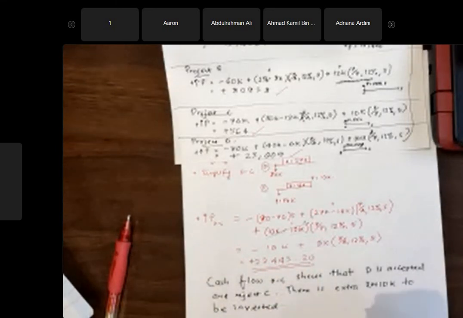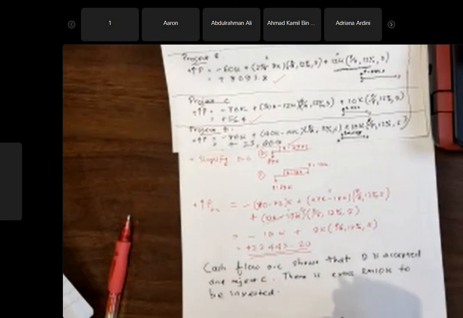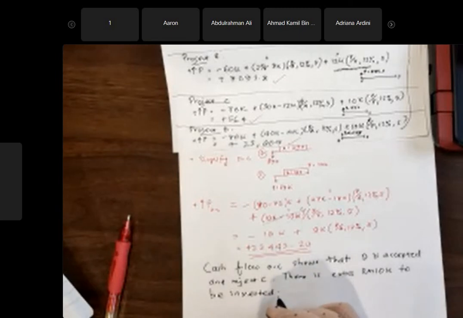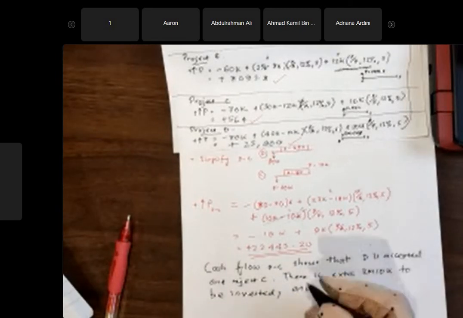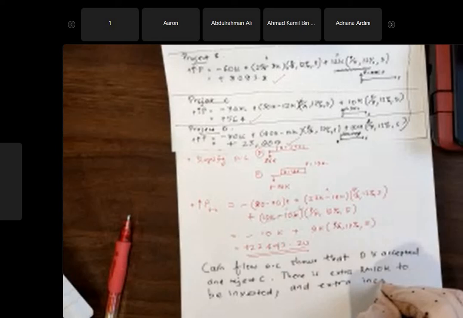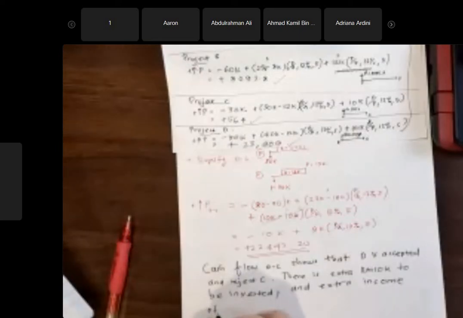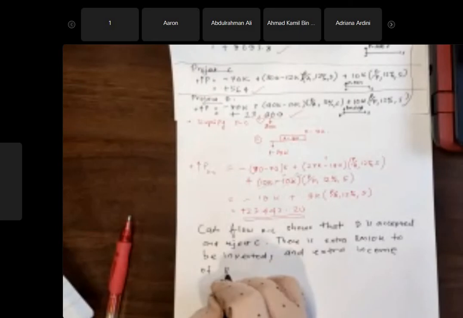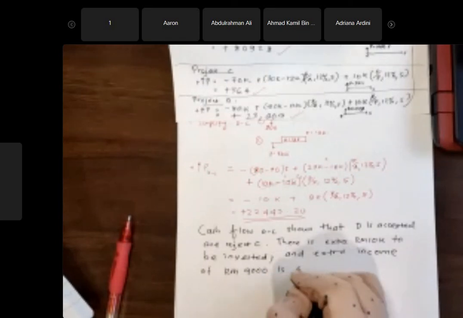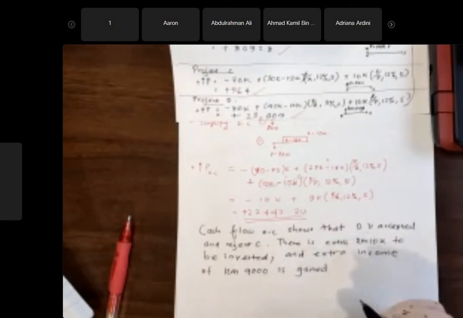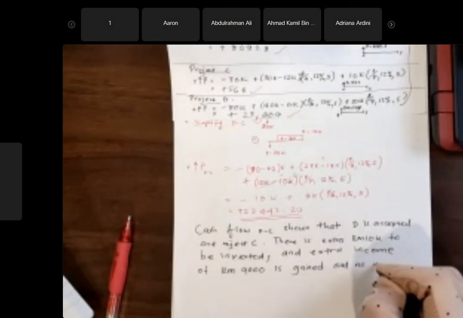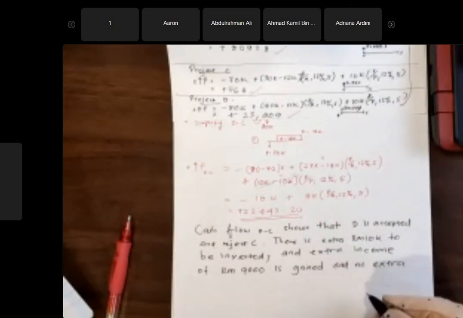If they want you to detail out what you have done, you invested extra, and extra income of 9,000 is the gain.